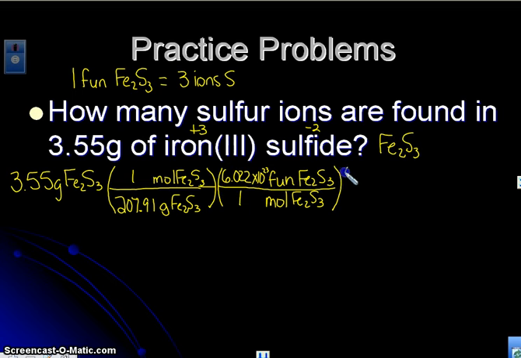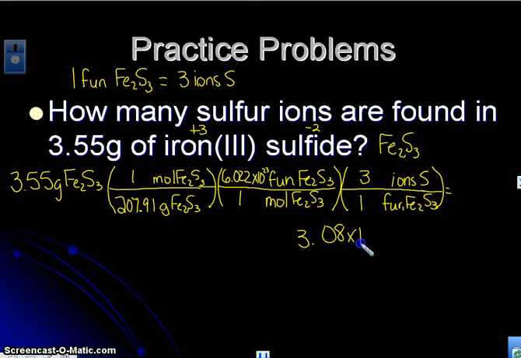And now we're going to be able to use our conversion factor here. We have 1 formula unit of iron 3 sulfide, and that gives us 3 ions of sulfur. So we want formula units on the bottom so that it will cancel out, and then we want our ions of sulfur on the top, and that will give us the unit that we want in our answer. In 1 formula unit of Fe2S3, there are 3 ions of sulfur. When you punch that into your calculator, you should end up with 3.08 times 10 to the 22nd ions of sulfur.